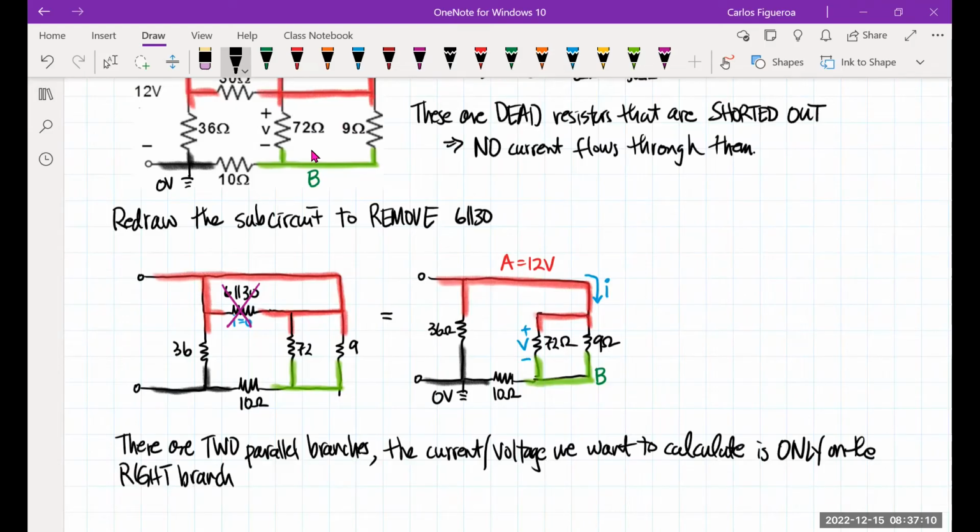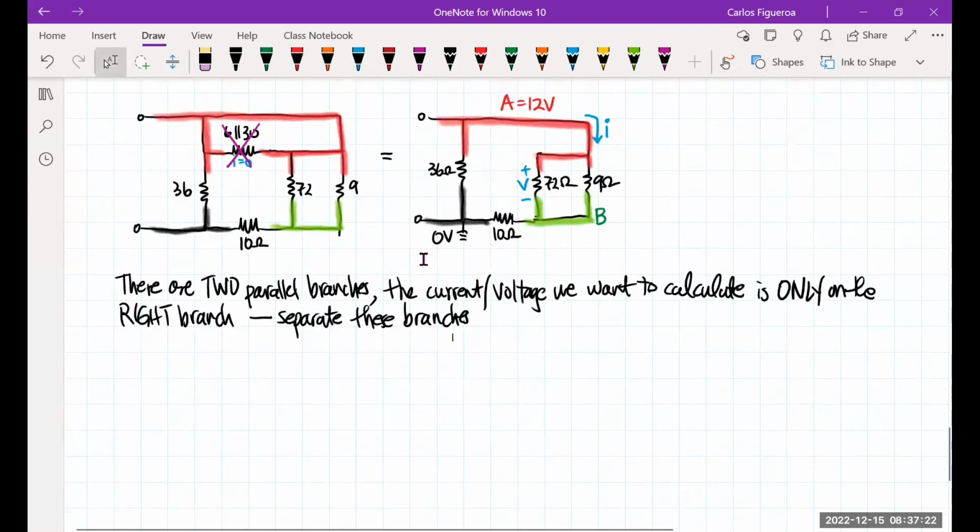So this means you want to separate these branches. What I'm really saying is I only care about one of the branches because of where the current and the voltage are located here. And because they have the same voltage, I'm really only interested in this. So I'm going to come here, and then I'm going to divide these guys.